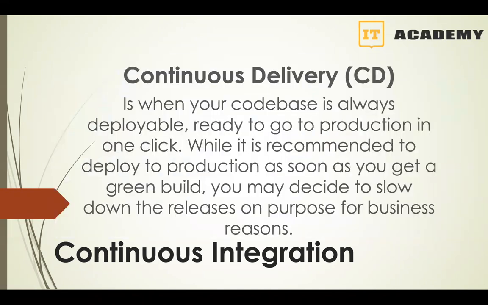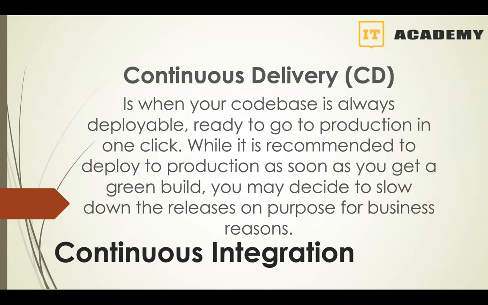The different thing is continuous delivery, which is usually abbreviated as CD. Continuous delivery is when your code base is always deployable, meaning ready to be pushed to production in one click.